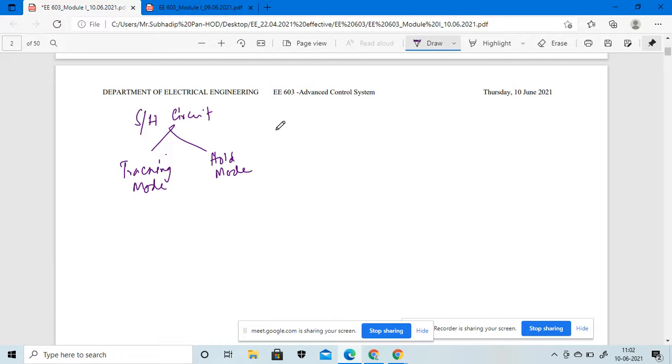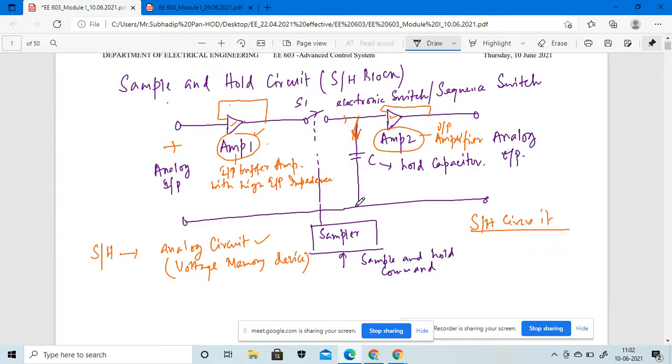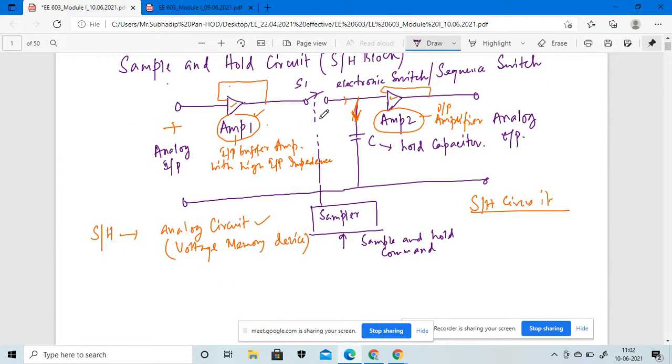So when the switch is closed, that means when there is some command input coming from the sampler, what happens? When the switch S1 is closed, then what happened?